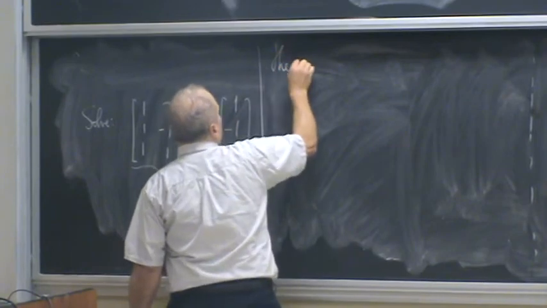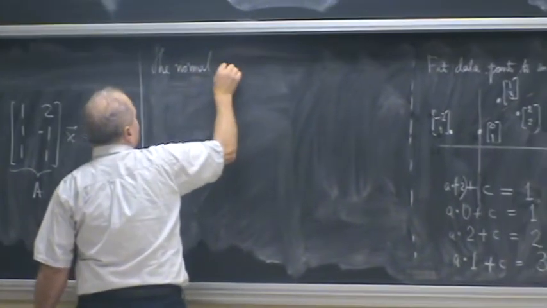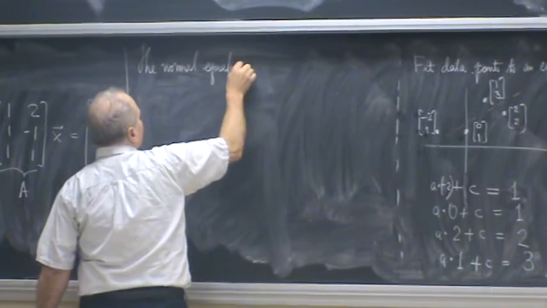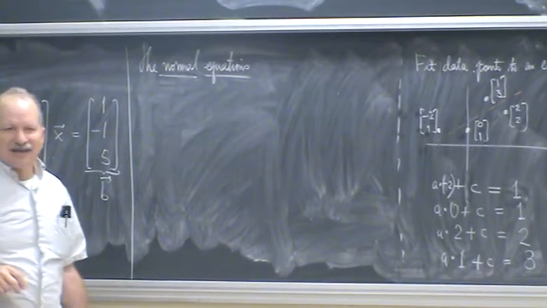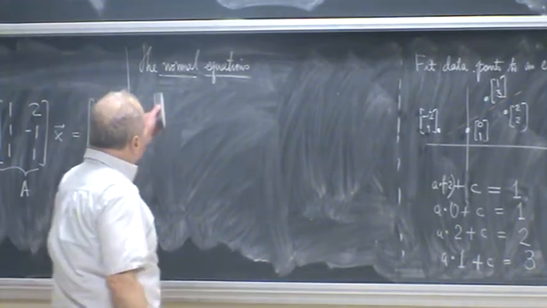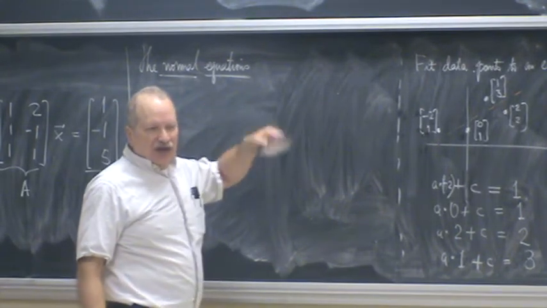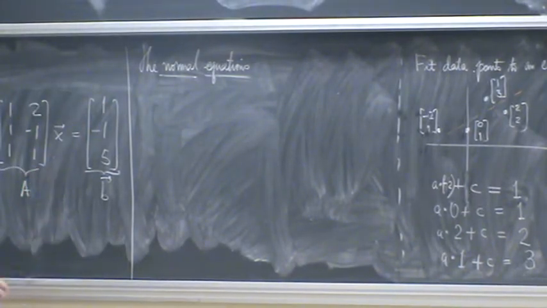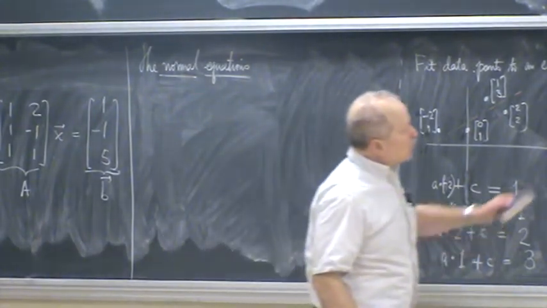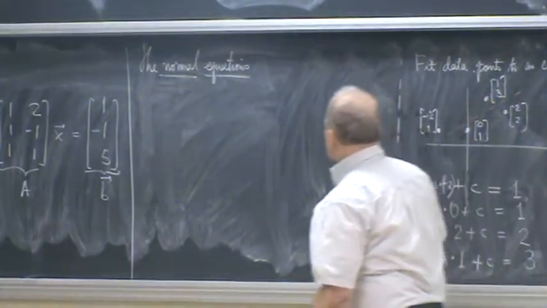The normal equations. And I honestly don't know who named them this. So it can be coming from normal in the sense of orthogonality. It can also be coming from normal in the sense of statistics. And I don't know who named it.